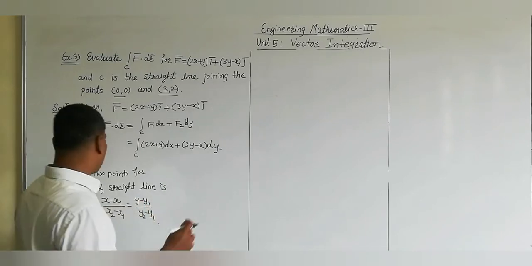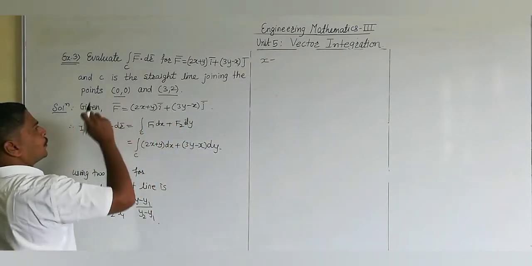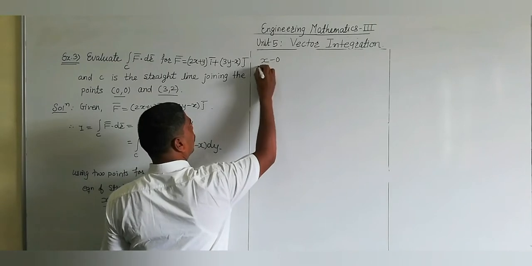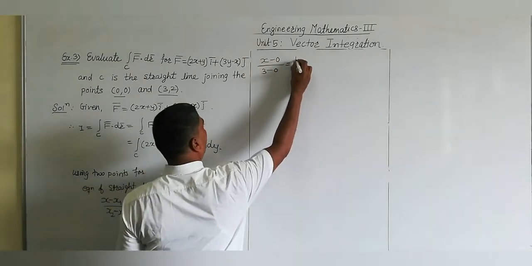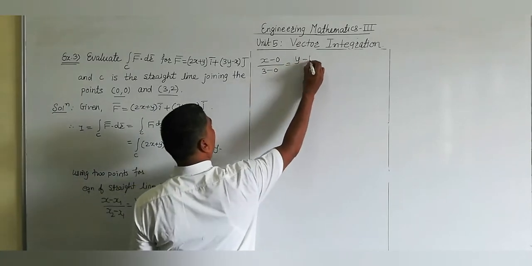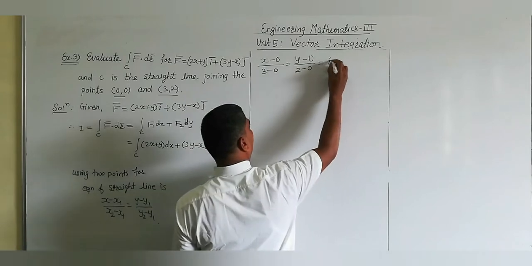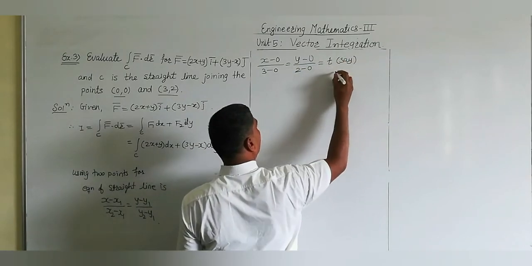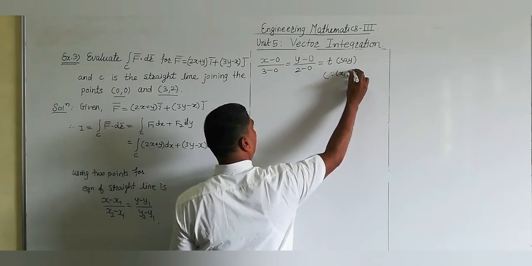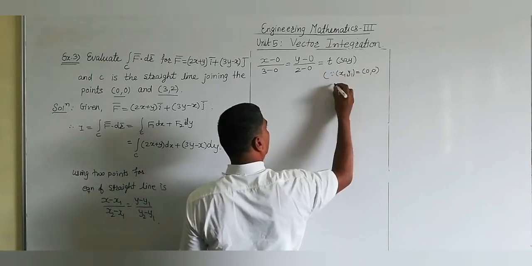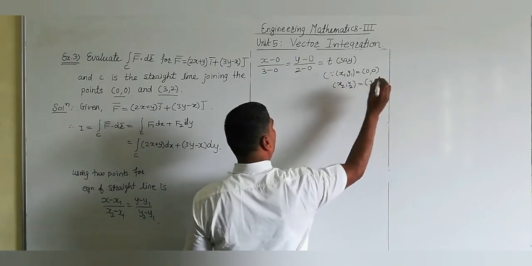So using this equation we get x minus x1. Here x1 is 0, so x minus 0 divided by x2 is 3 minus x1 is 0 equal to y minus y1 is 0 divided by y2 is 2 minus y1 is 0 is equal to say t. Since (x1, y1) is equal to (0, 0), (x2, y2) is equal to (3, 2).